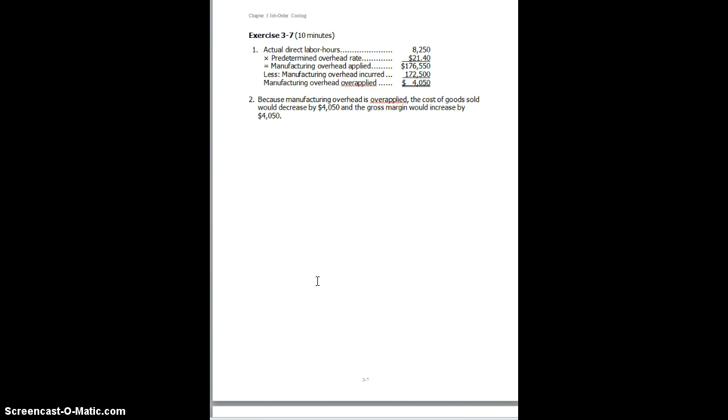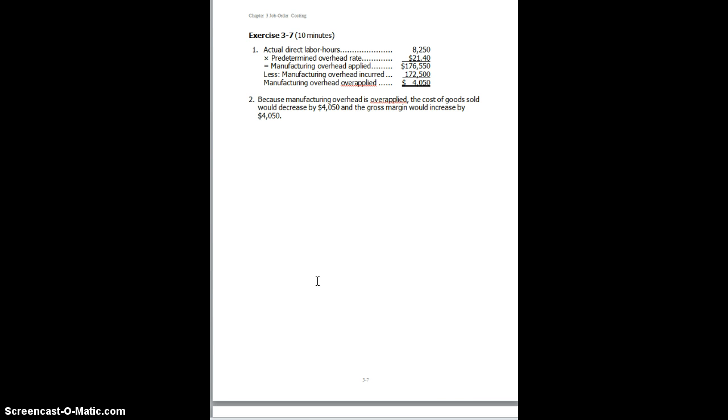Remember that manufacturing overhead is going to be applied based on the predetermined overhead rate, in this problem $21.40 per hour. Since overhead is applied based on direct labor hours, every time a job has a direct labor hour, it gets allocated $21.40 of overhead.